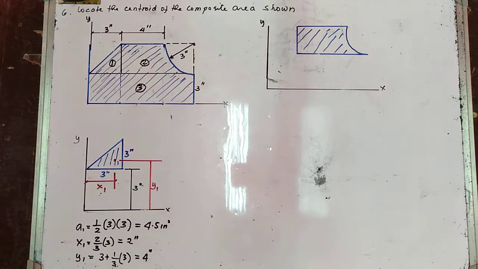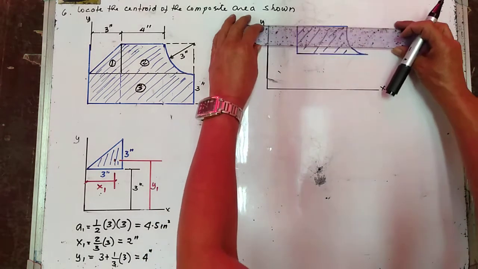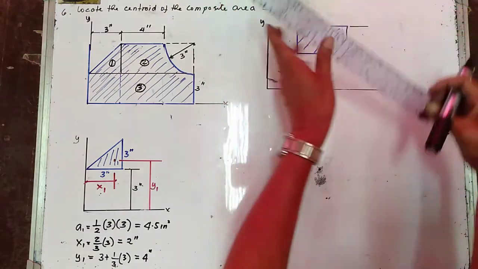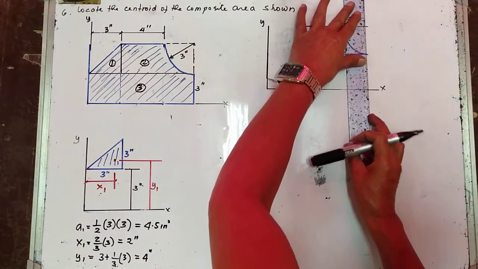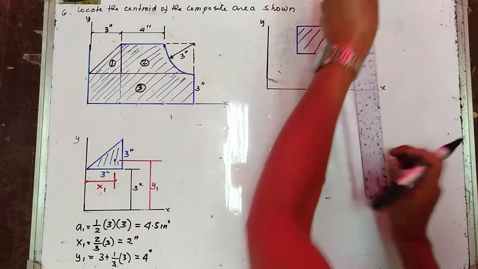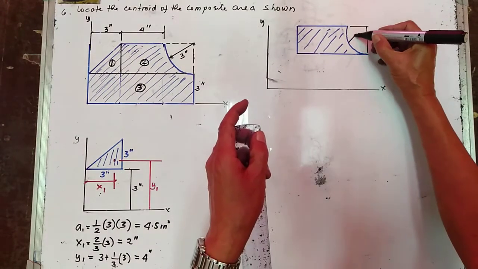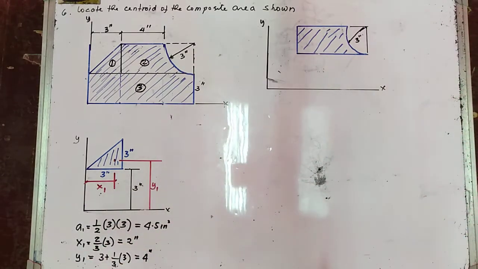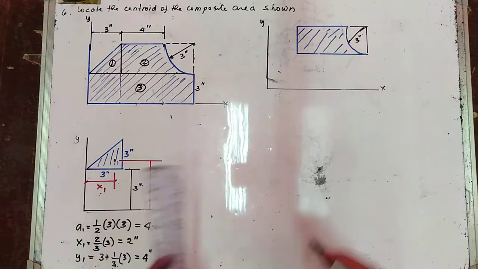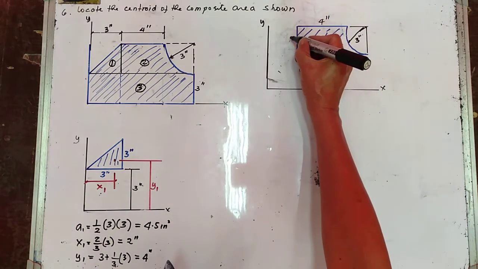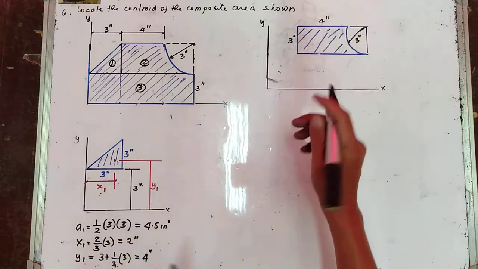Now, let's try to consider this one in here. So this is a quarter of a circle, the radius of which is equal to 3 inches. Now, such that this is now your 4 inches, and this one is also equal to 3 inches.